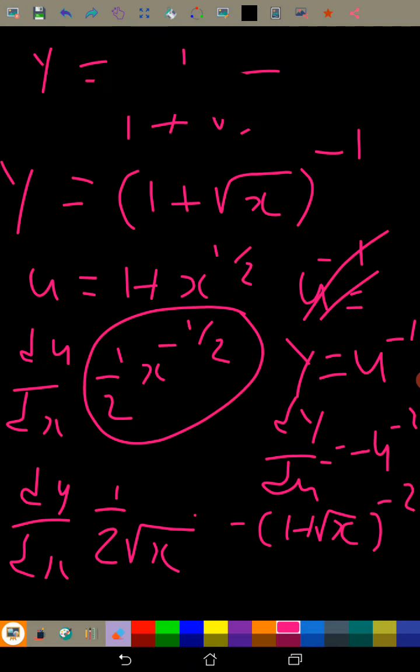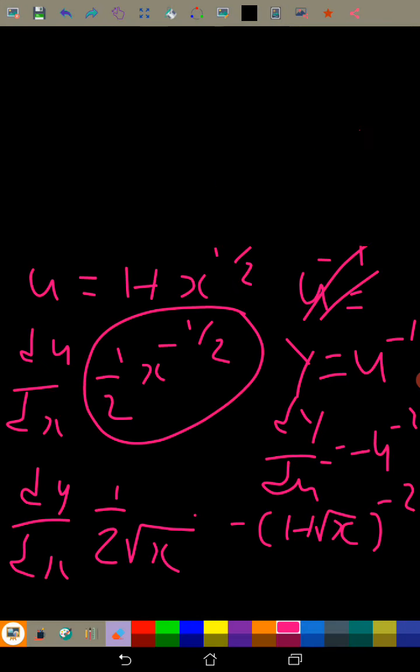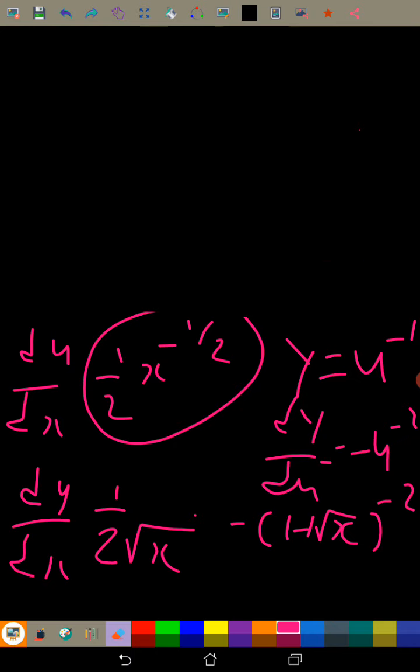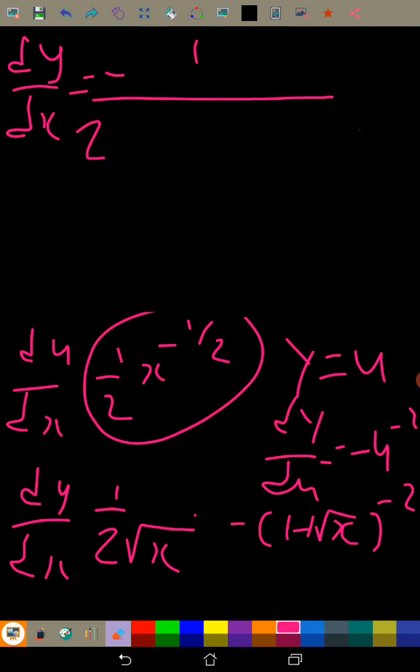I'll just erase here. I will rewrite it. So dy by dx is equal to, this one I will have to check in the book what's the answer, because it's quite challenging. 1 plus root x to the power of 2.